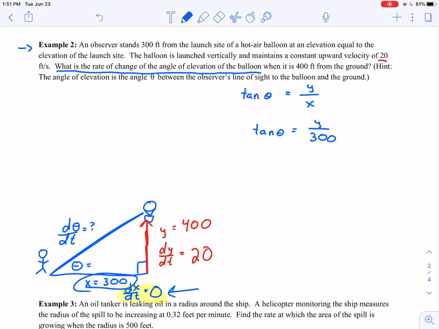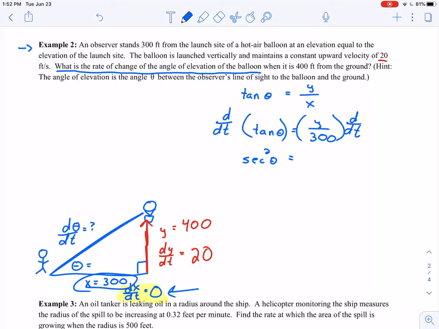So let's see, what do we know? I want to take the derivative of each side with respect to time, with respect to t. So the derivative of tangent of theta with respect to time, well, the derivative of tangent of theta is secant squared theta, is equal to, over here, y over 300.